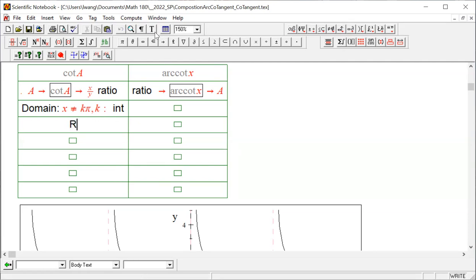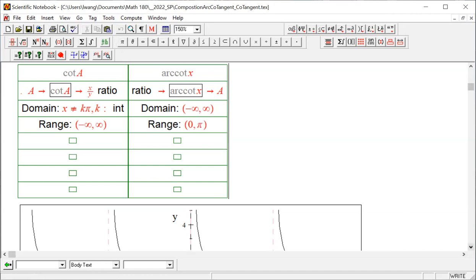The range is all real numbers. And the domain for arc cotangent is all real numbers. But the range, however, is an interval from 0 to pi.